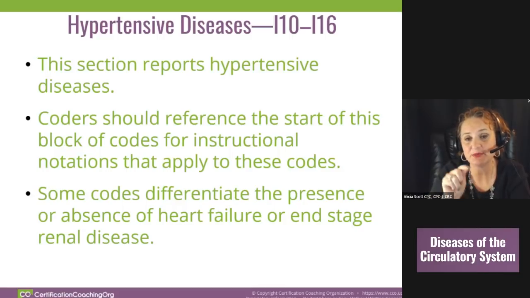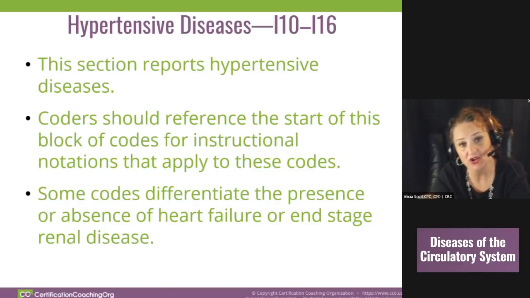But if you have hypertension associated to other diseases, that's when you're going to get into these other codes through I16. So if a person has hypertensive heart disease, if they have hypertension and CKD, if they have any other type of heart problem, heart disease condition, or they could have both CKD and CHF.